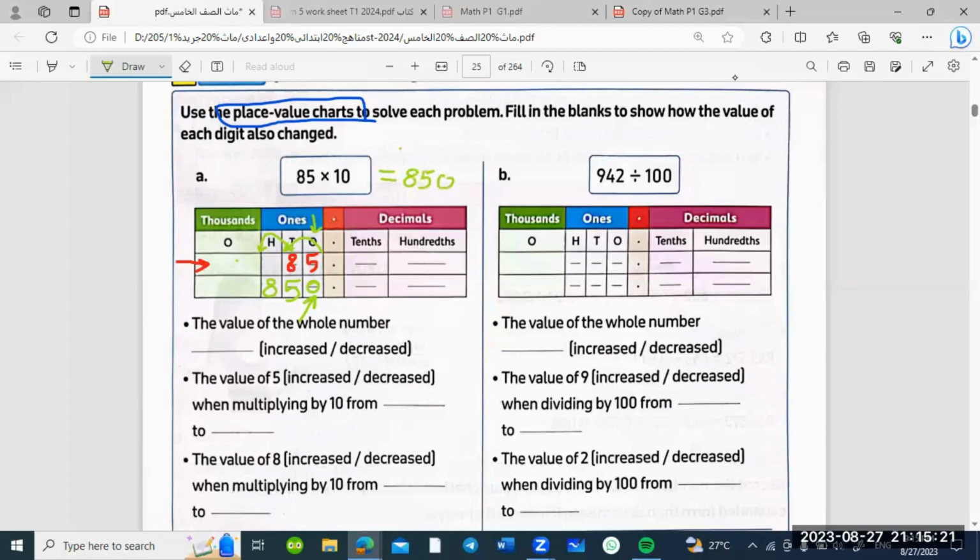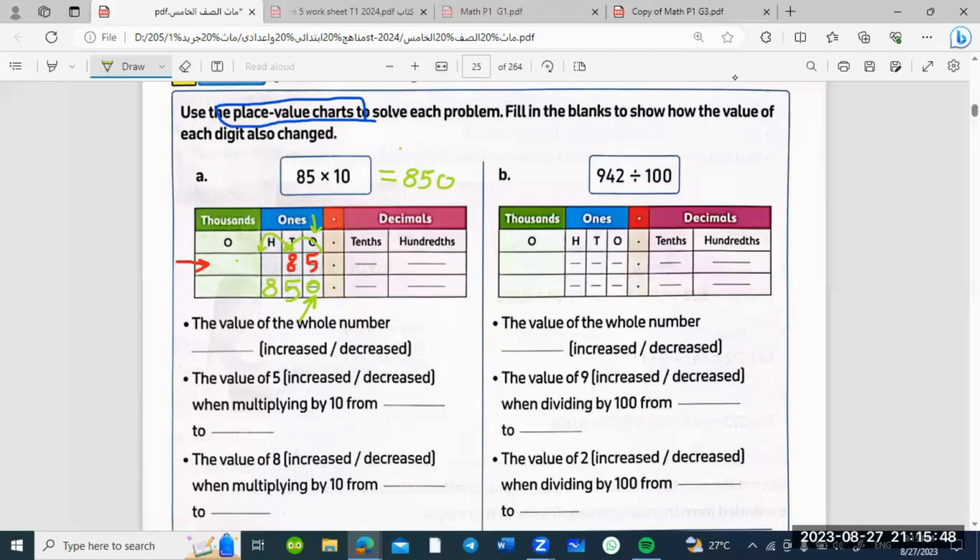Easy or difficult? Easy, but can you make another question? Of course, I will, but let me explain another example about division to get the complete concept of today's lesson. And after that, I will explain it with another way, which is easier than this way.